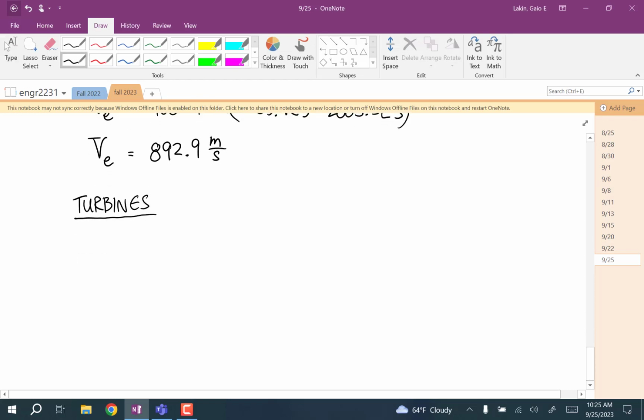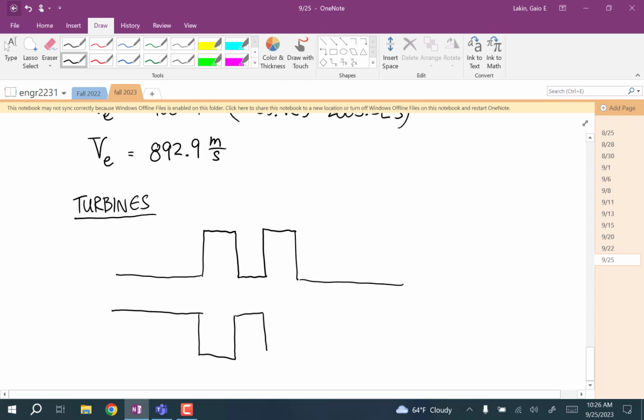And I'm going to try to draw this. So I'm drawing sort of a cross section of the pipes that are leading to a turbine. So here's the inlet. Here's the exit.